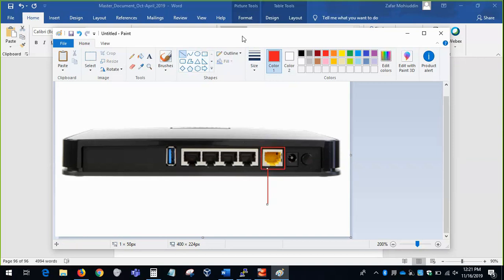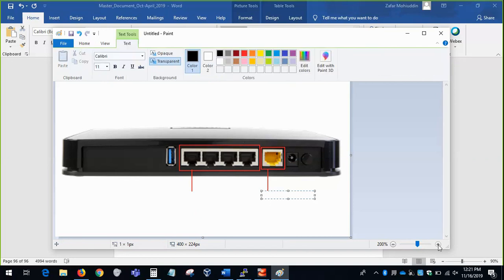Okay, and this part is nothing but a switch. It's just the extra ports. Okay. So this part is WAN, or the internet connection.